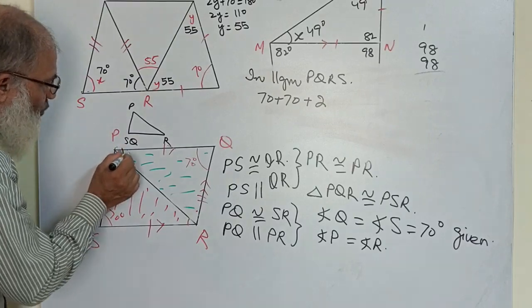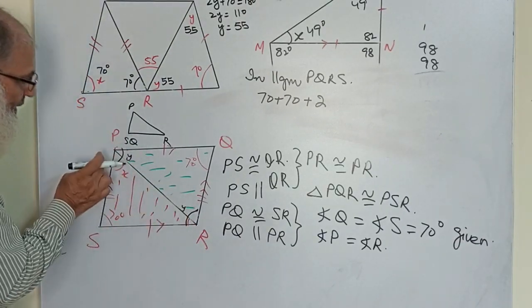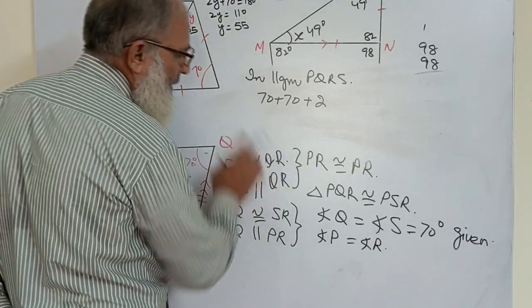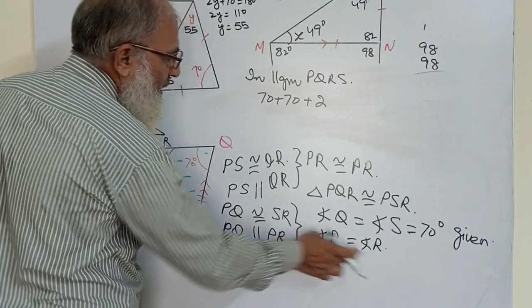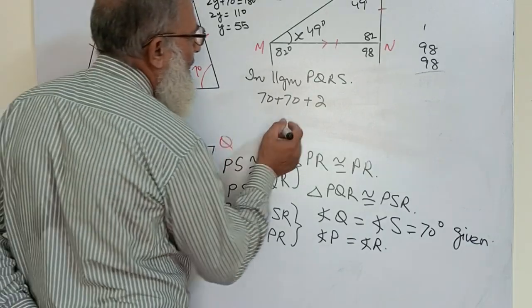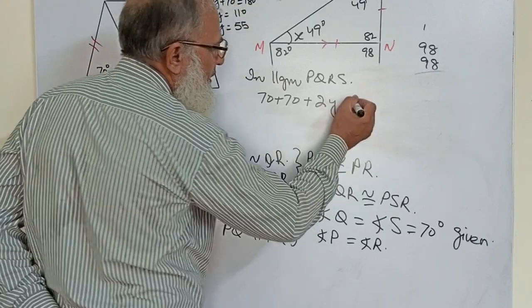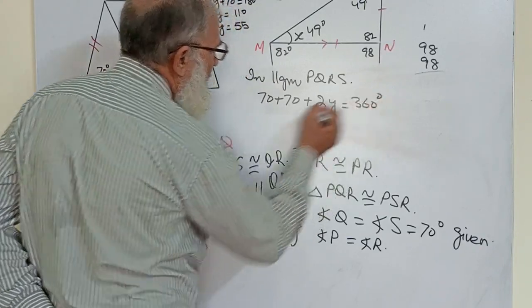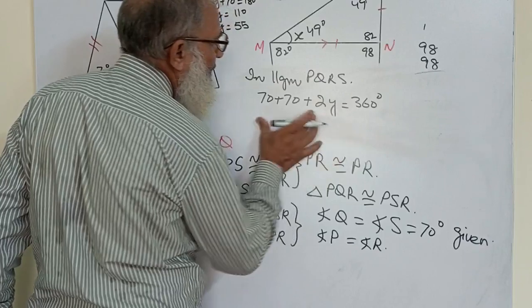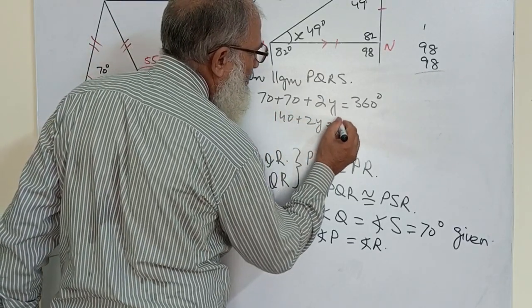Now this is y angle and this is also y angle. This whole angle which I have written here is P and R. Now I have written it as y plus y, which is 2y, is equal to how much? 360 degrees. Now what does it mean? It means that 140 plus 2y is equal to 360.